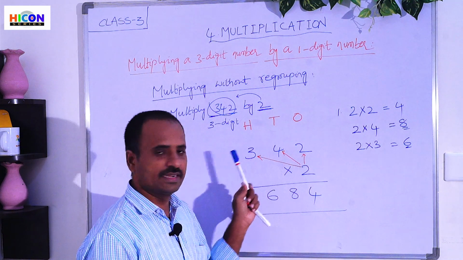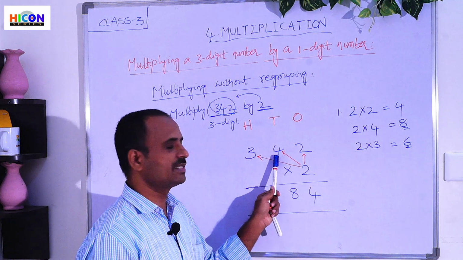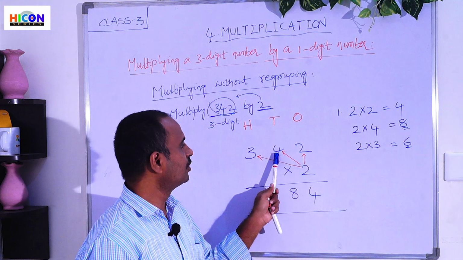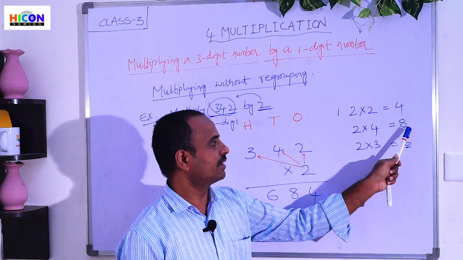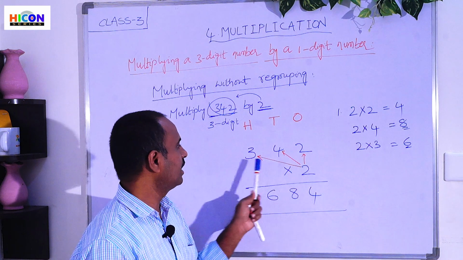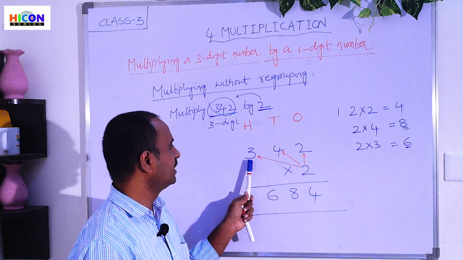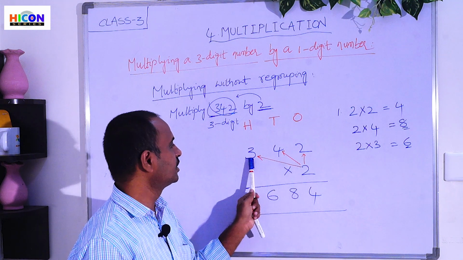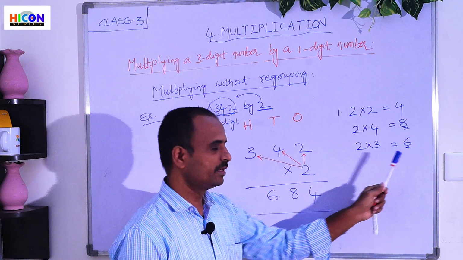Now go to tens place. Multiply the digit present in the tens place with 2. That is 2 fours are 8. Write this 8 under tens place. Now go to hundreds place. Multiply the digit present in the hundreds place with 2. That is 2 threes are 6.